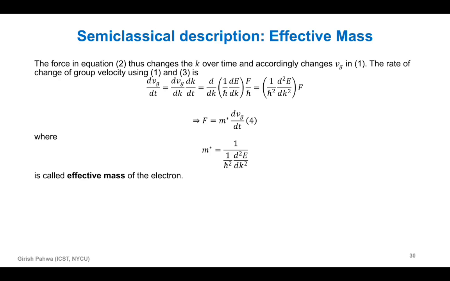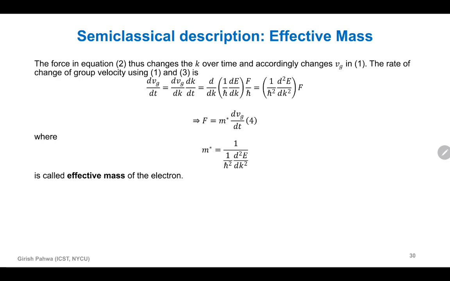Actual mass is simply m, right? That m is not appearing anywhere. What we get is a mass that depends upon the band structure. See, d2E by dk square is going to come from the band structure. Different materials will have different electron effective masses.